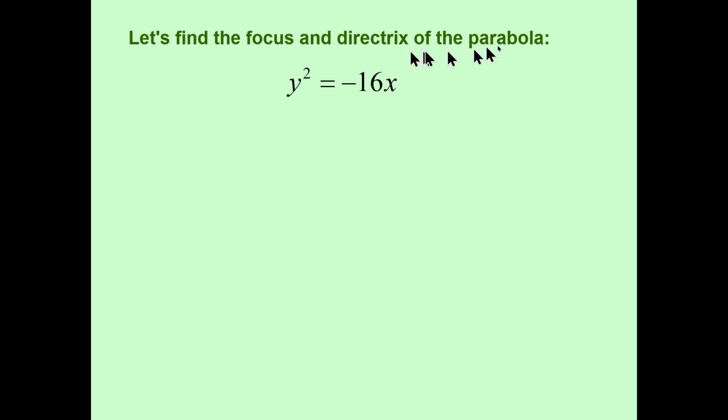Let's find the focus and the directrix of the parabola y squared equals negative 16x. We could put this underneath the formula and identify what 4a, or here negative 4a, is.